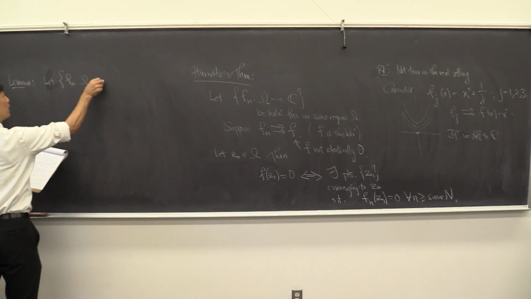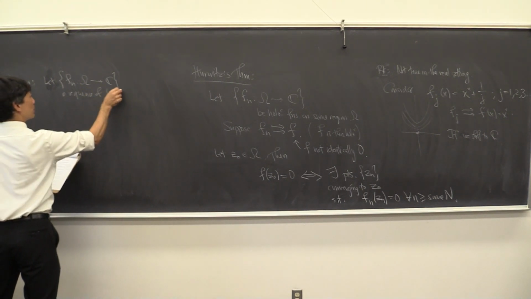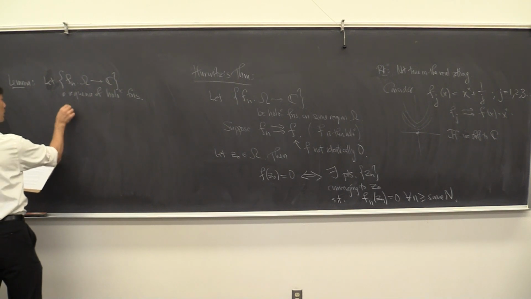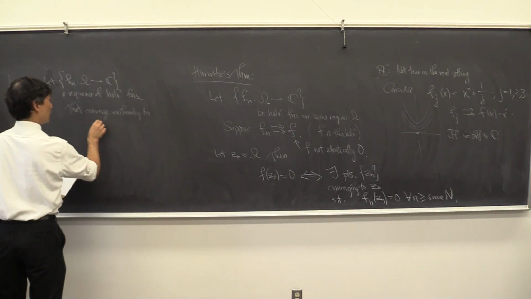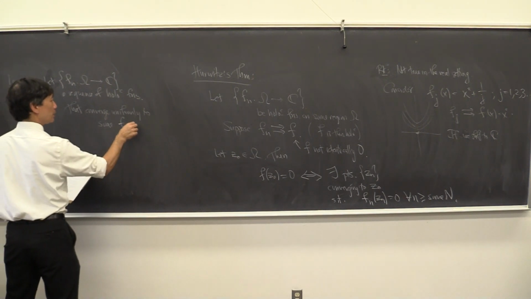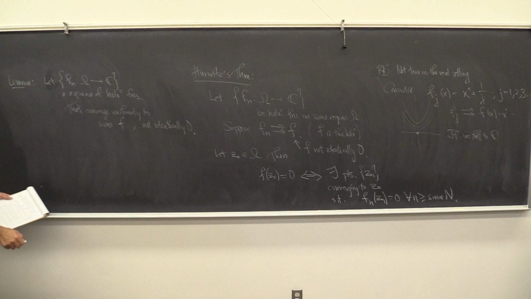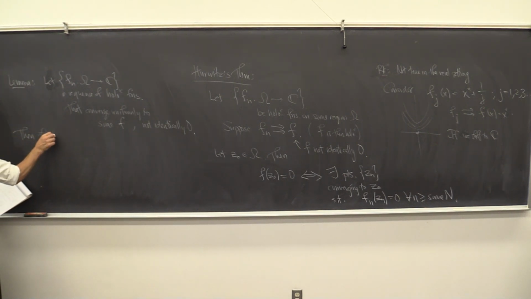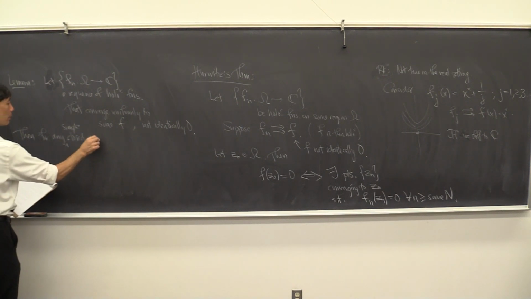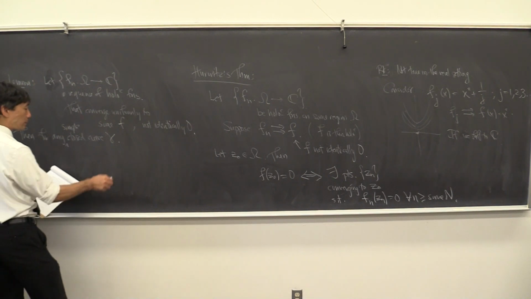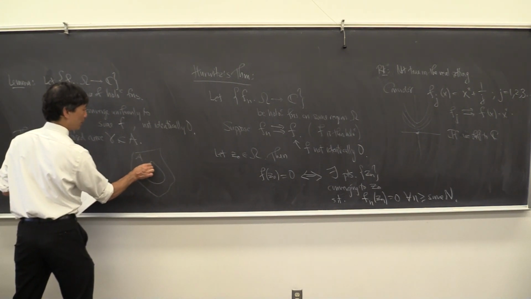If you have f sub n, a sequence of holomorphic functions that converge uniformly to some holomorphic function f that's not identically 0, then for any simple closed curve gamma inside A. So here's A, and then you have some simple curve gamma inside of it.